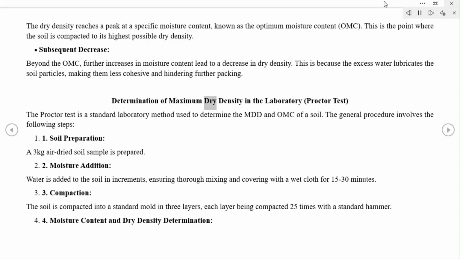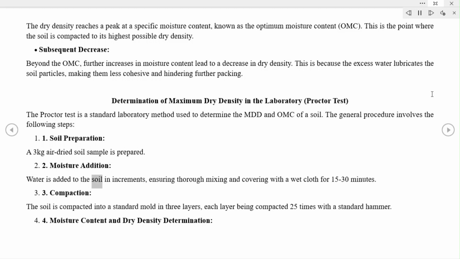Determination of maximum dry density in the laboratory: Proctor test. The Proctor test is a standard laboratory method used to determine the MDD and OMC of a soil. The general procedure involves the following steps. 1. Soil preparation. A 3 kg air-dried soil sample is prepared. 2. Moisture addition.